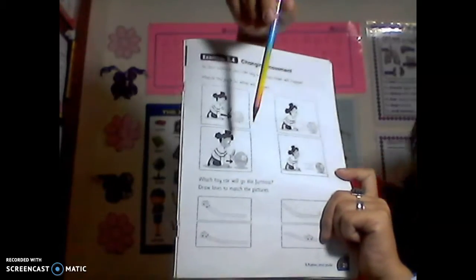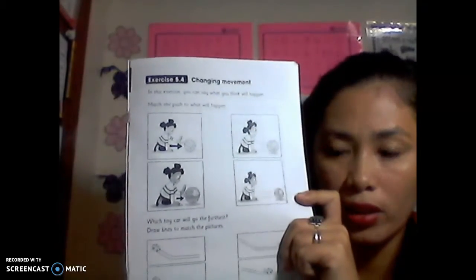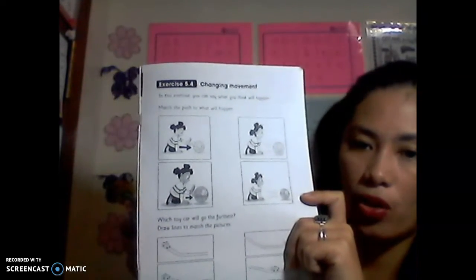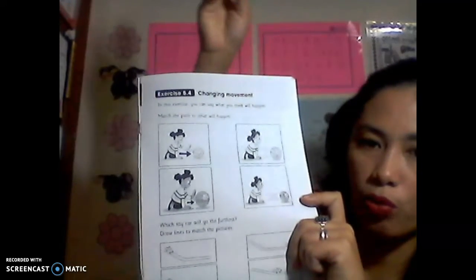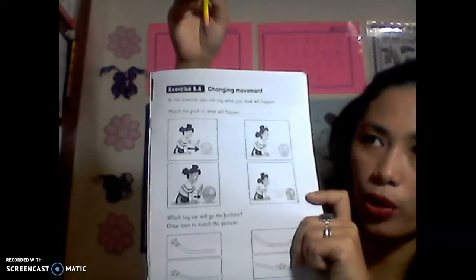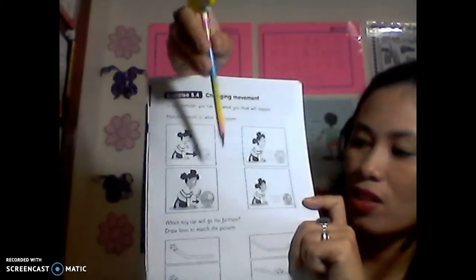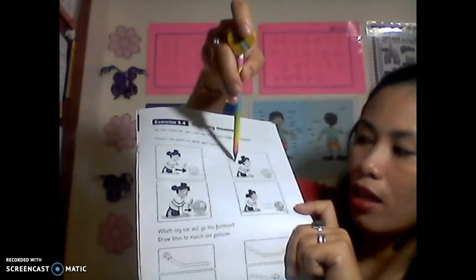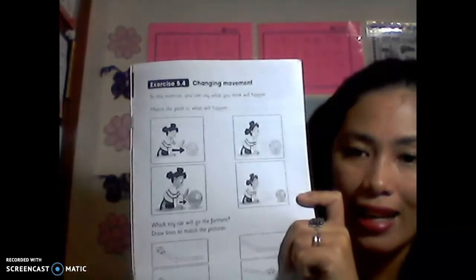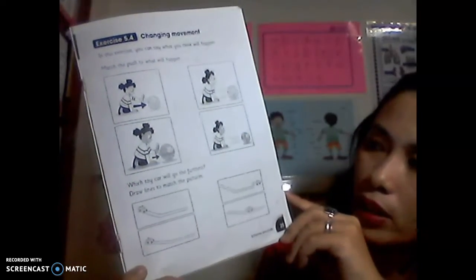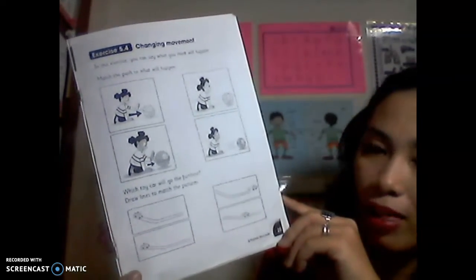With the short one, you can only push it with a little force, so the ball will not roll farther. It will only roll a short distance, and also it will not roll fast. So this one is here. You are going to connect the lines, and you are going to color them.